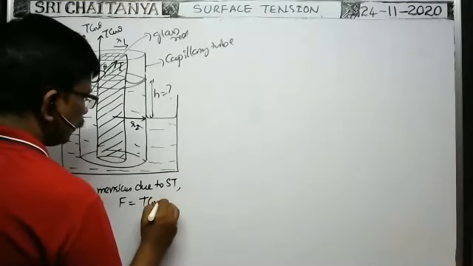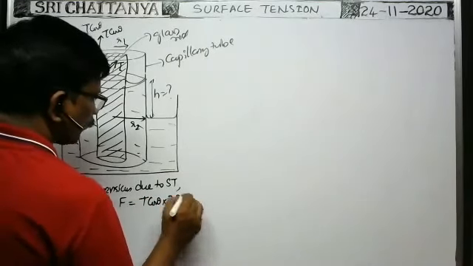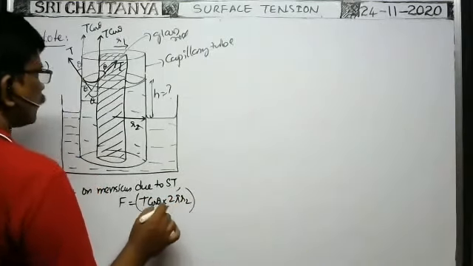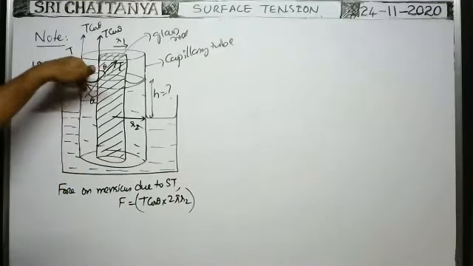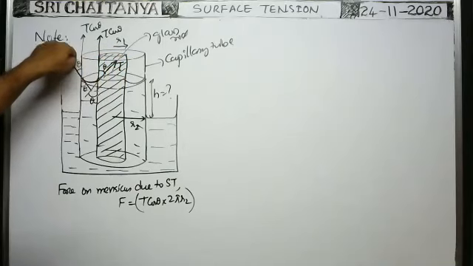T cos theta into 2 pi R2. It is the force due to surface tension acting on the outer meniscus of the capillary tube, because the outer circumference is equal to 2 pi R2.